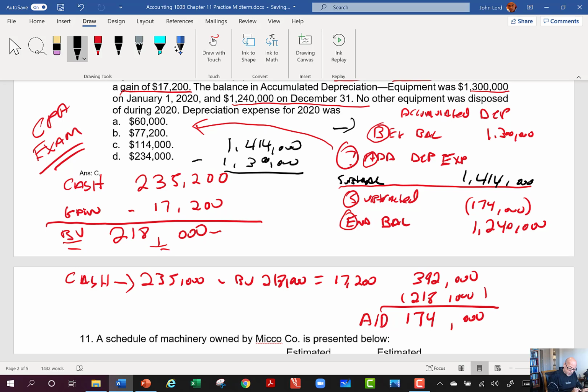1,414,000, right? And I subtract 1,300,000. That gives me 114,000, which I'm saying must have been the depreciation expense, because depreciation expense adds to my accumulated depreciation.